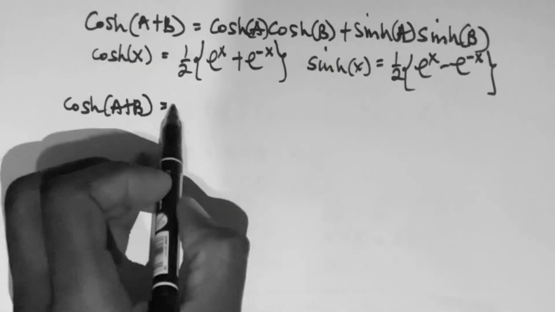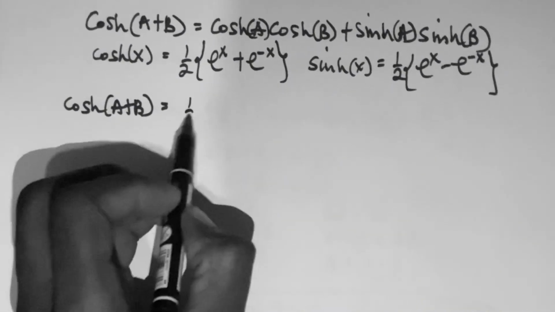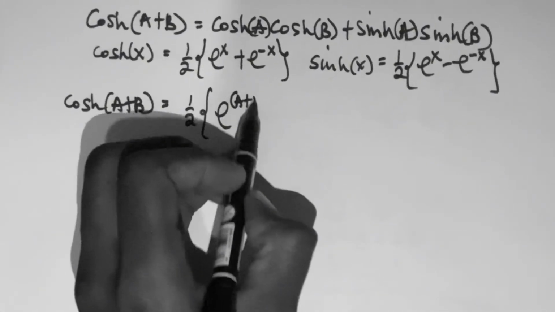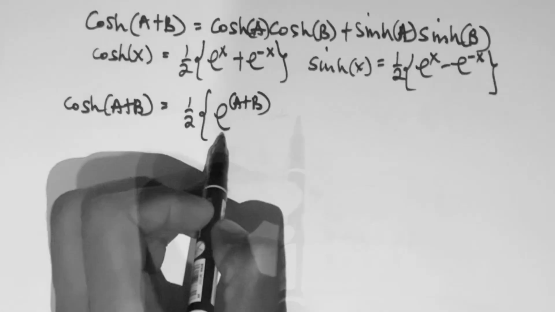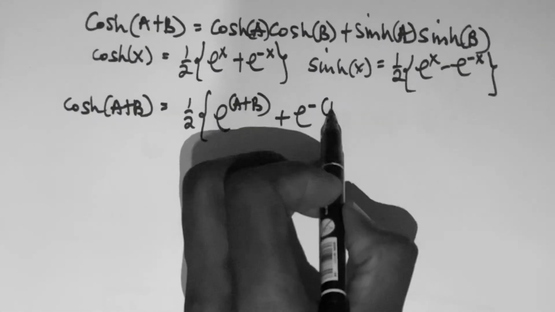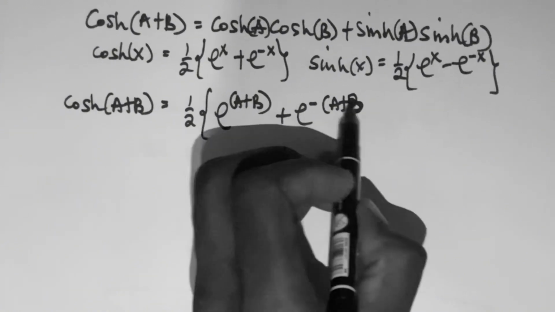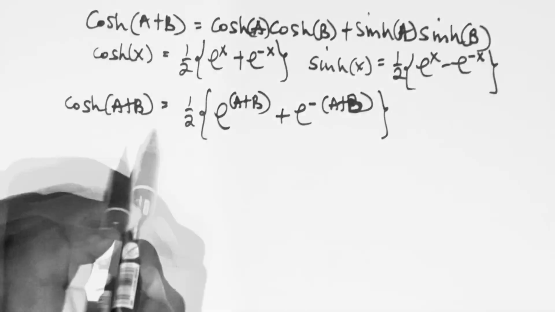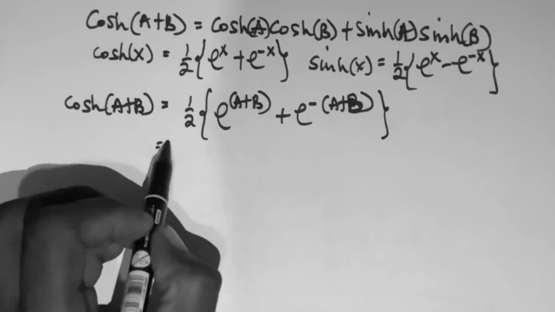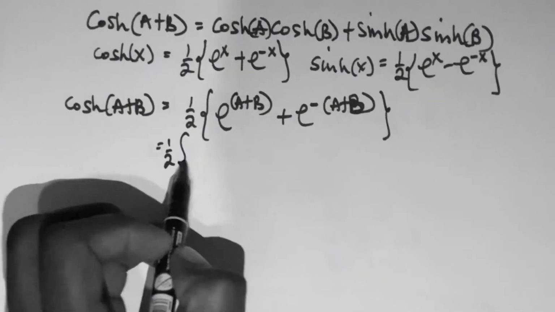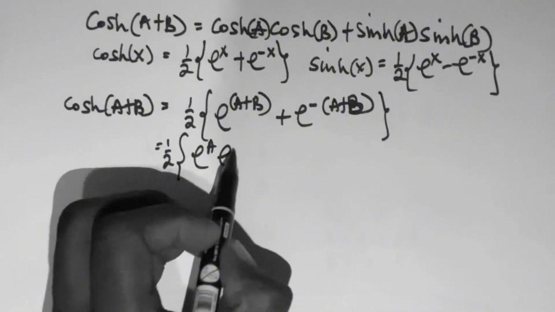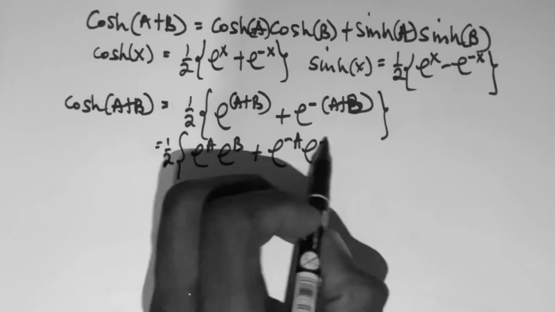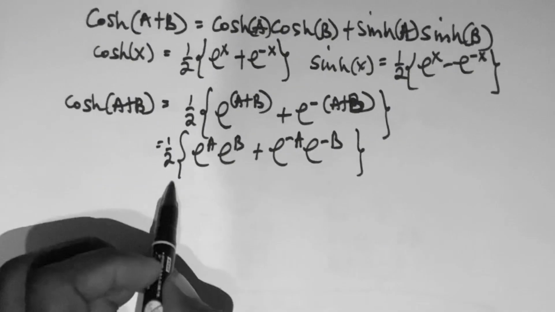So cosh (a plus b) can be written as half into brackets exponent (a plus b), and then plus exponent minus (a plus b). So we are just using this definition to expand this. So this is equal to half, exponent A exponent B, then plus exponent minus A exponent minus B, bracket close.